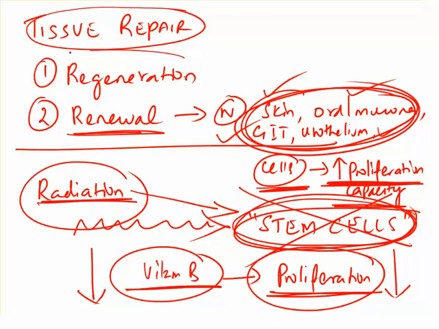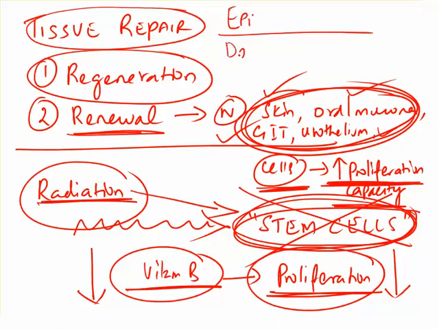Now coming to regeneration. Regeneration is the complete restoration of the damaged tissue. For example, we have epidermis and dermis. If epidermis is damaged, then the epidermis comes back. This is regeneration.